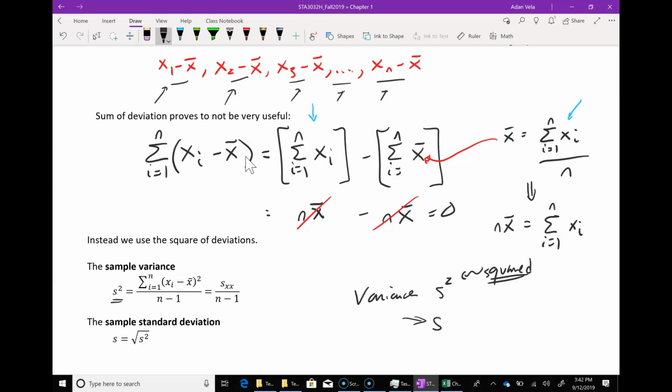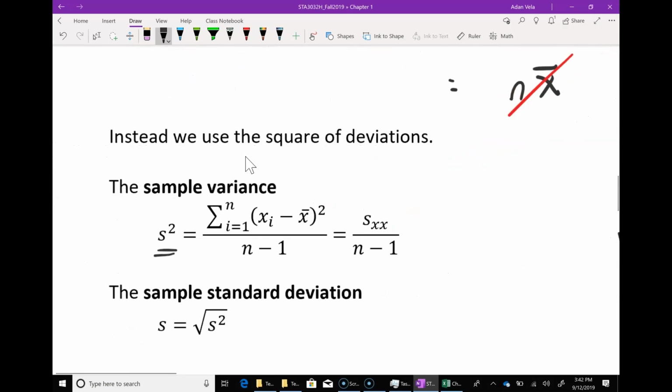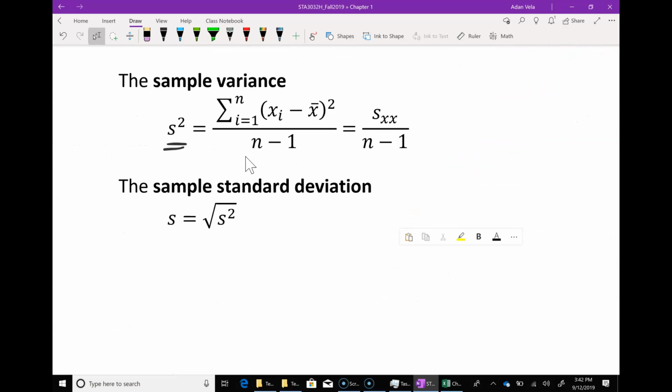Now, I think this equation is worth discussing a little bit more. Again, what we have here is a spread, and we're summing up all those spreads. Now, let's just pretend we didn't have this -1 here.